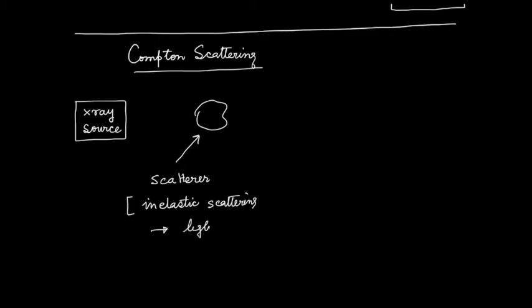And Compton concluded this must be happening by light quanta. So X-ray light quanta must be getting scattered off the free electrons in this scatterer. This is the X-ray falling into it, and then it goes in some direction.